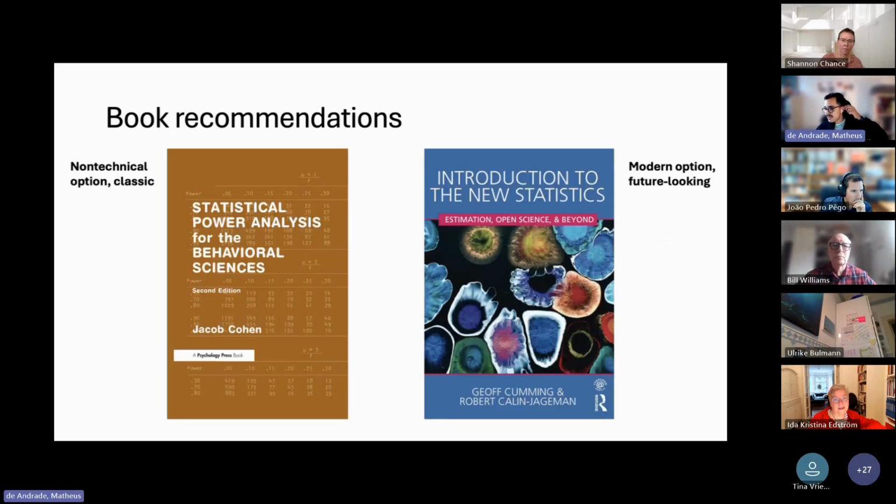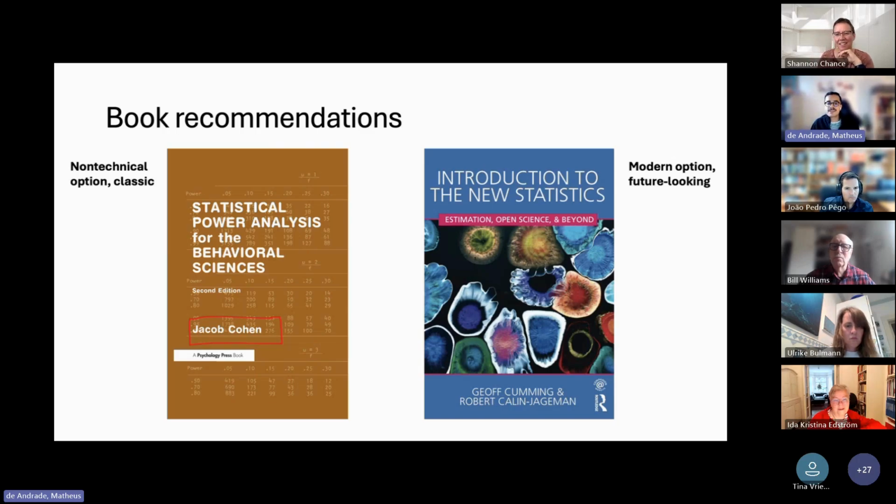As always, I'll finish with two book recommendations at two levels. The first one is Statistical Power Analysis for the Behavioral Sciences by Jacob Cohen. It is a classic. And this is the same Cohen that identified the Cohen's d effect size. So that's the guy. It's non-technical, so it is really straightforward, and it is a classic.